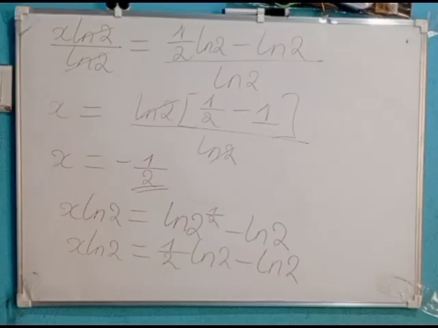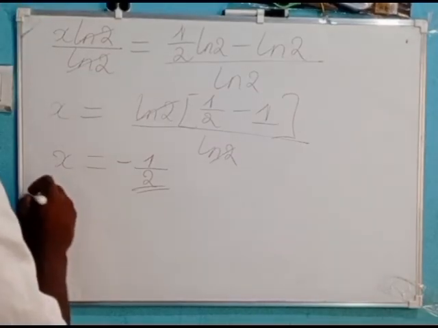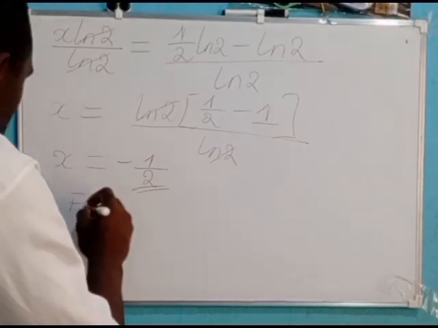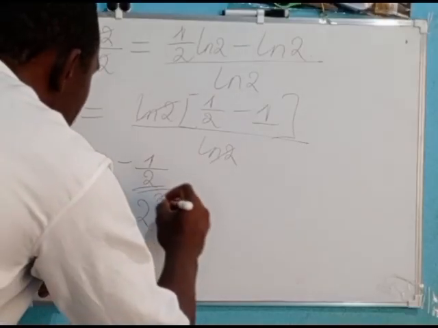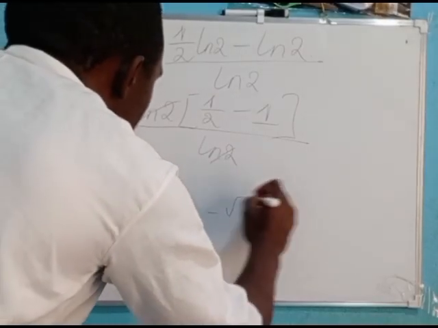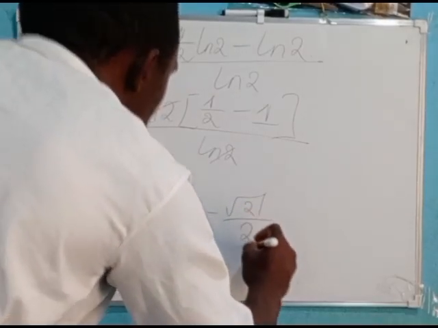This is the result, x equal to negative a half. Now let's take the case where 2 raised to the power x is equal to negative root 2 over 2.